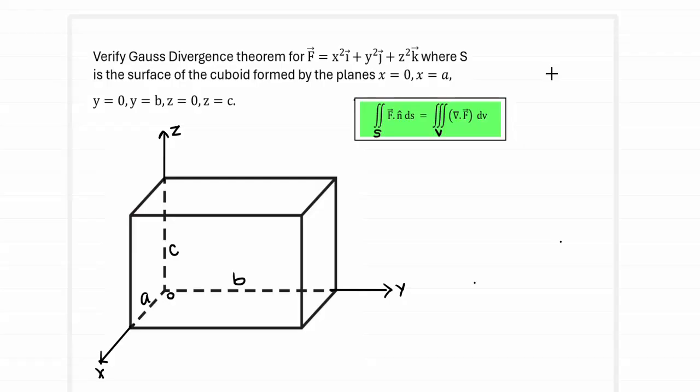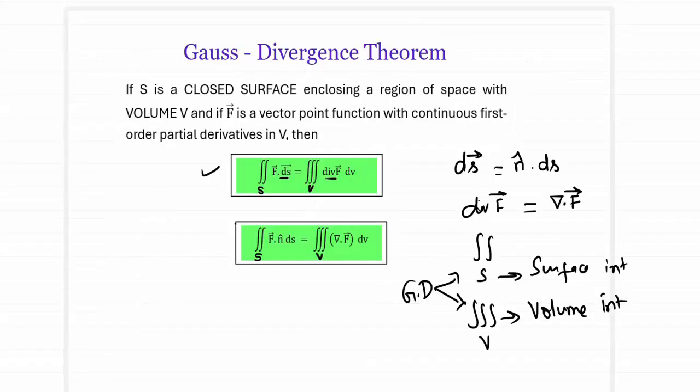We need to keep in mind the basic difference between Gauss divergence and the Stokes theorem. Gauss divergence theorem encloses a volume, which means we need to make sure that it has a closed surface. Only if it is closed on all sides can it enclose a volume. If it is open on one or more sides, you cannot enclose a volume in it.